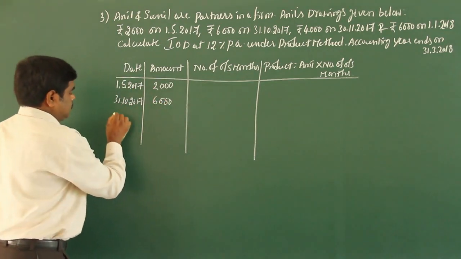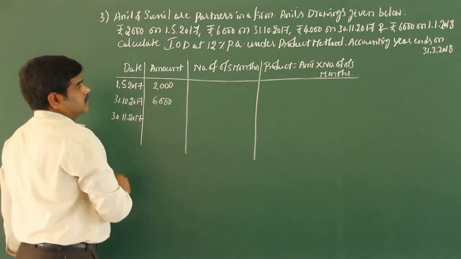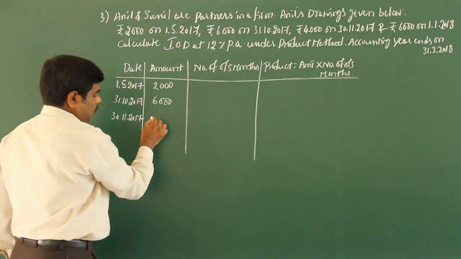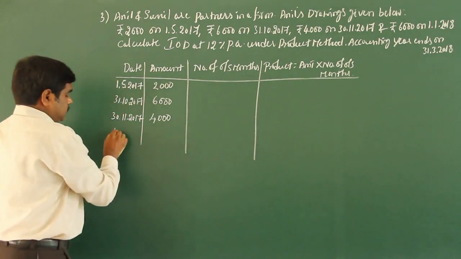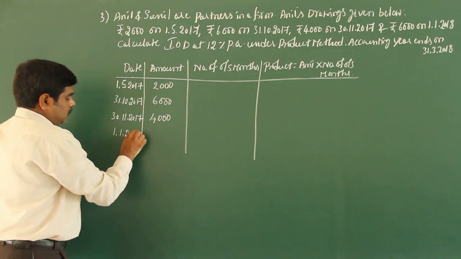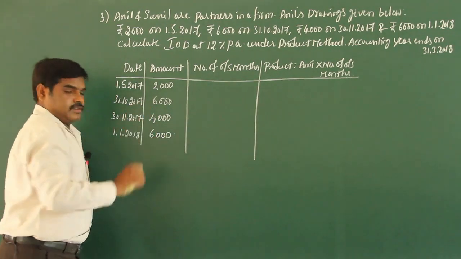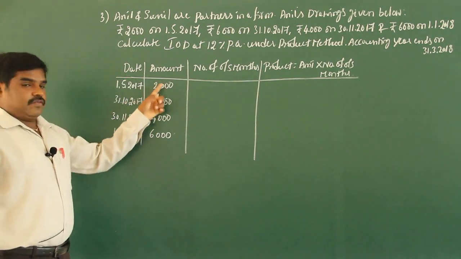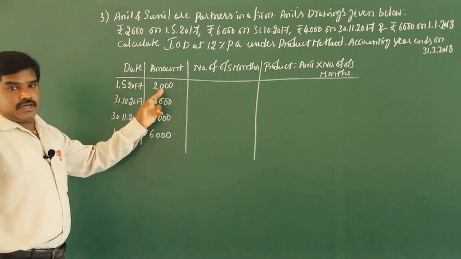Next date 30/11/2017, amount drawn 4,000 rupees. And the next date is 1/1/2018, amount drawn 6,000. So 4 dates and 4 amounts are given. First you write the date, next you write the amount.